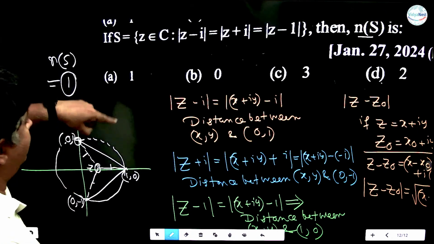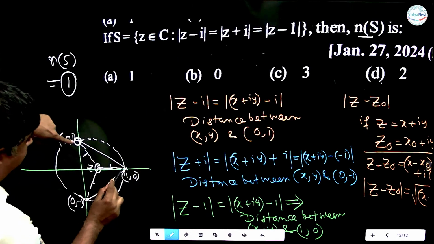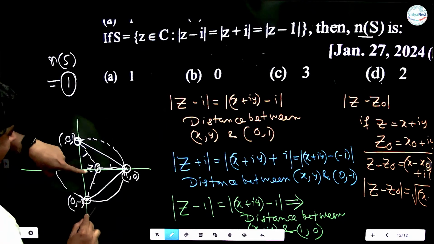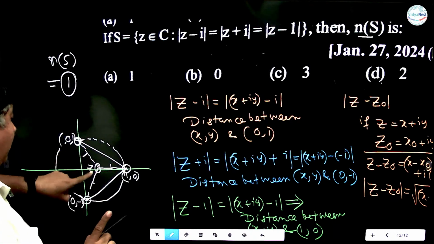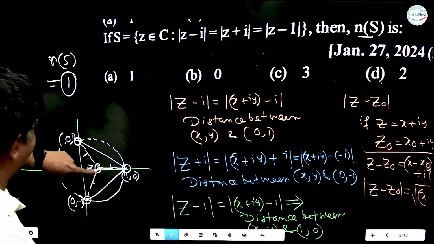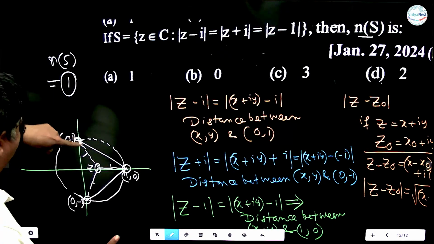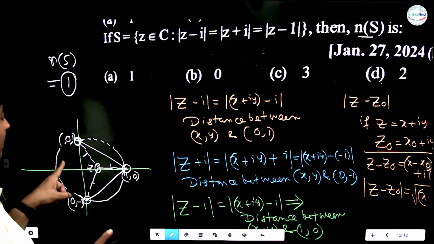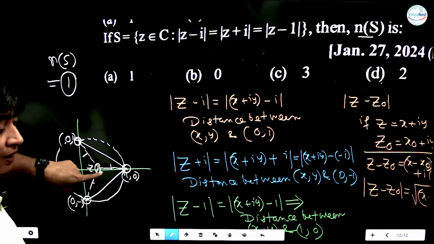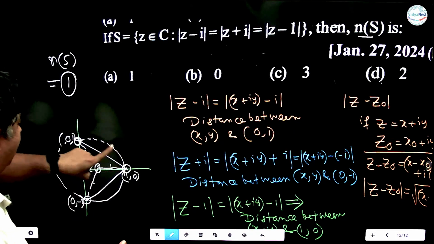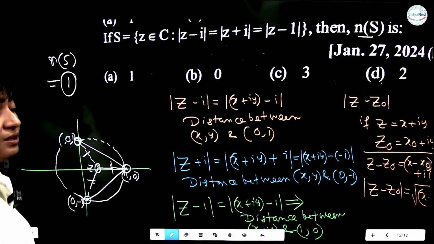Understand? Z is a point which is equidistant from this point and this point. So what kind of point is this? Circumcenter. This point equidistant from each vertex can be considered the center of the circle, and this distance as the radius.